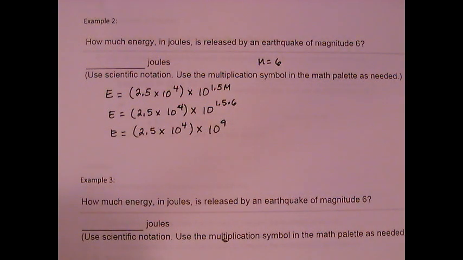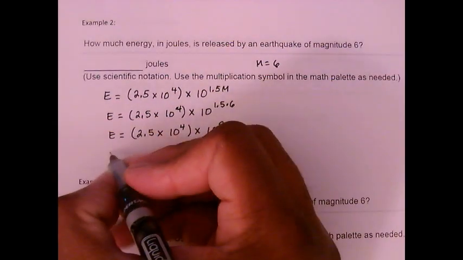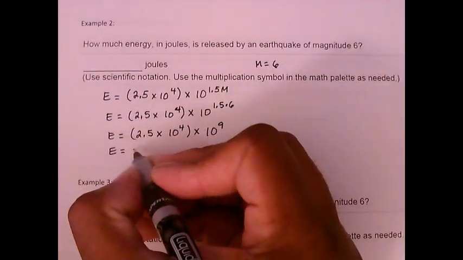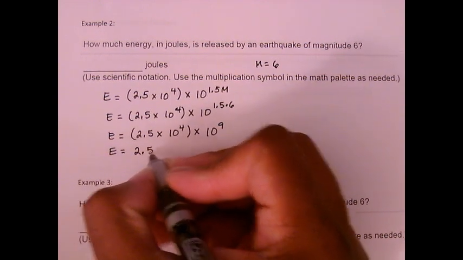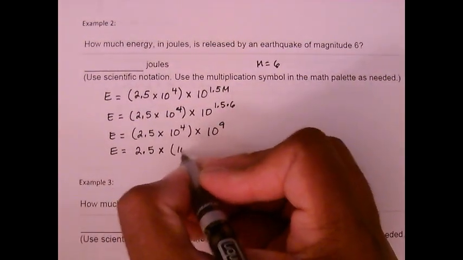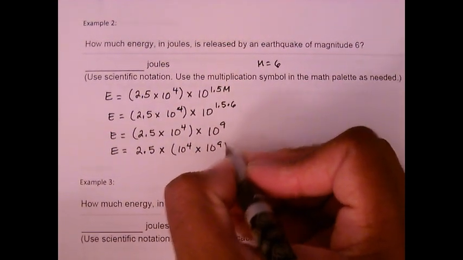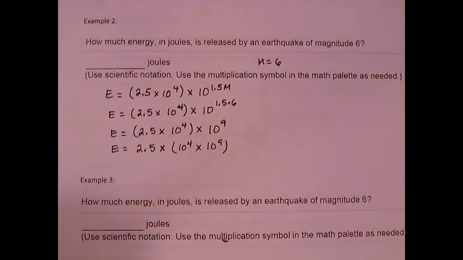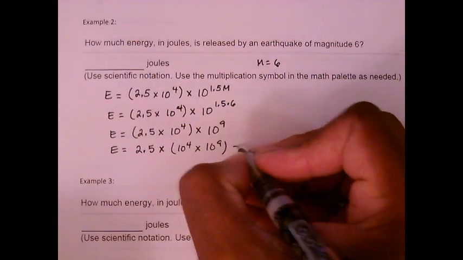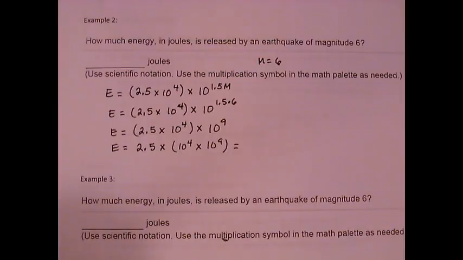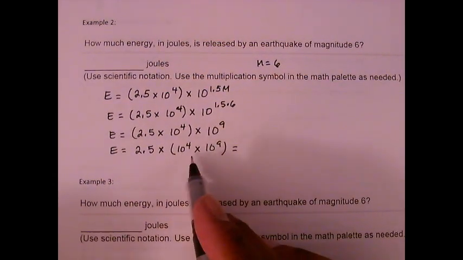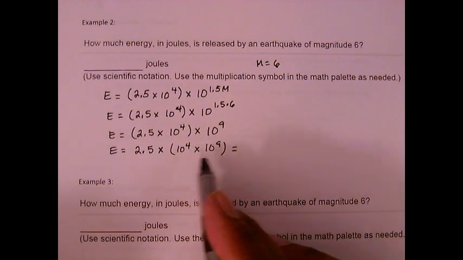Now, what I'm going to do here is group powers of 10. So I have E is equal to 2.5, and now I'm going to group the 10 to the fourth and the 10 to the 9th in parentheses. There's a rule for powers when you're dealing with exponents: when you're multiplying powers of the same base, we add the exponents.